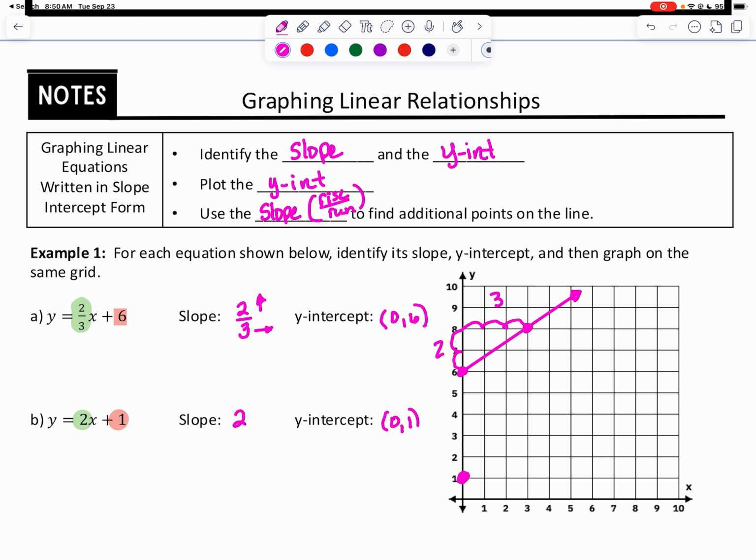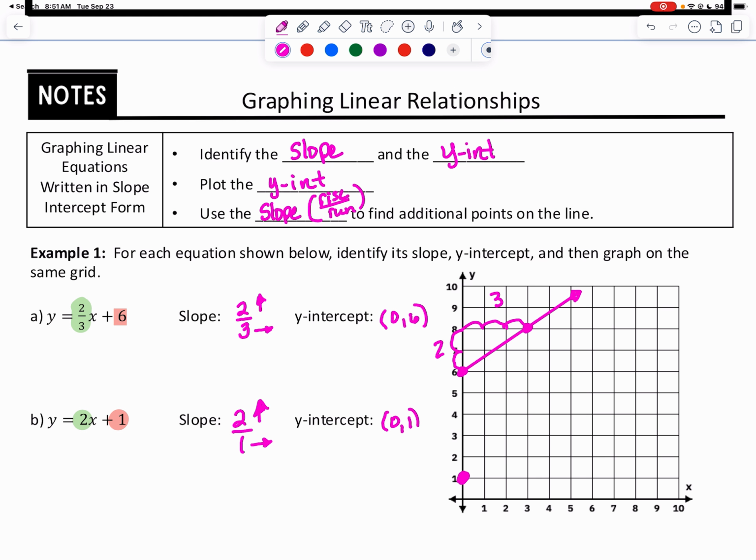Now, the problem with our slope in this problem is we have a top number, but not a bottom number. So when your slope is a whole number, I highly suggest putting it over a 1, because that's going to help you figure out your rise over your run. So we have a positive 2, which means move up 2, and a positive 1, which means move to the right 1.